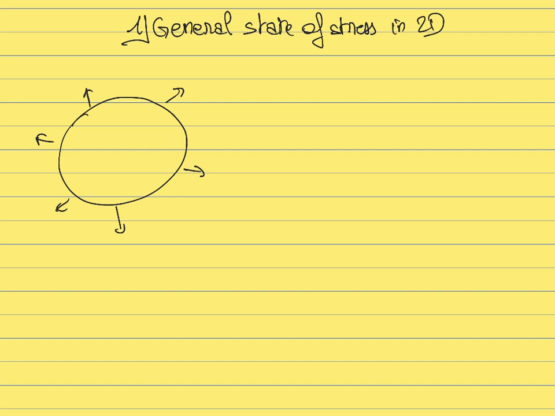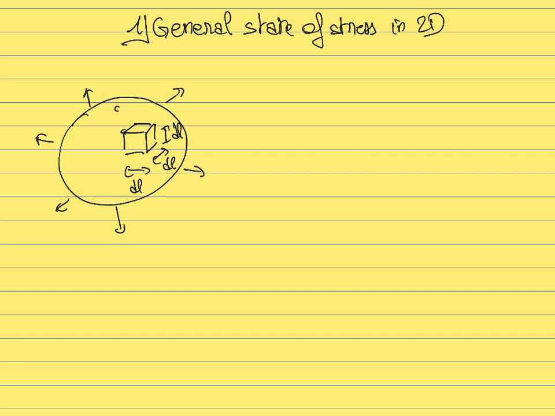So for this, what we are going to do is to isolate a small cube within this body. We are going to isolate within this body an infinitely small cube, and the size of this cube will be infinitely small, so we are going to write its dimension dl, where dl is a very small quantity.